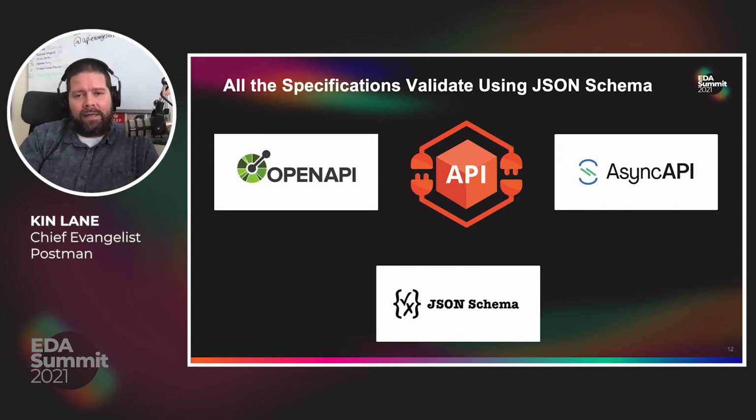So I really can't emphasize enough how key it is for us to be understanding the relationship between these specs, being aware of each individual spec, but understanding the relationship. Because not many people are aware that when they're working on OpenAPI, that bottom portion is JSON schema.